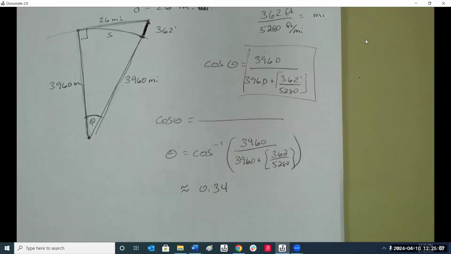Now, is your calculator on radians or degrees? Change it to radians. 0.0058.